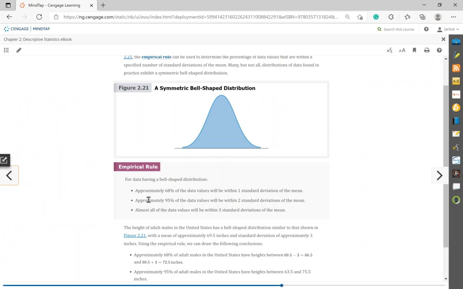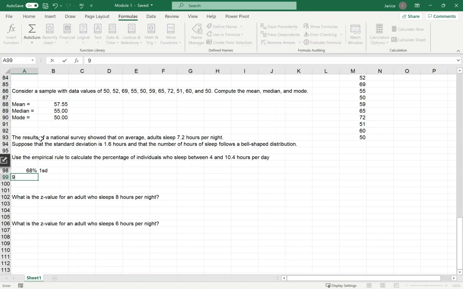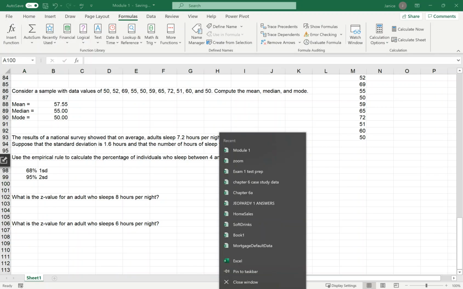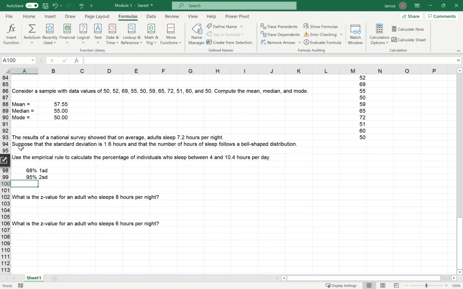And then it says approximately 95% will be within 2 standard deviations. So 95%, 2 standard deviations. And then it says almost all the data will be within 3 standard deviations, and remember that can be positive or negative values. So almost all, 3 standard deviations.